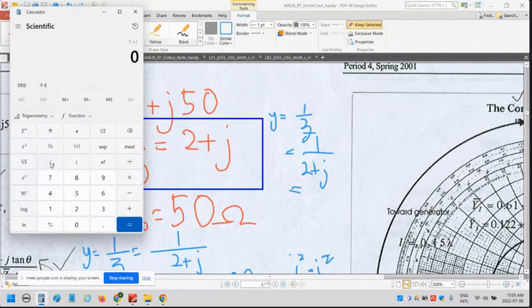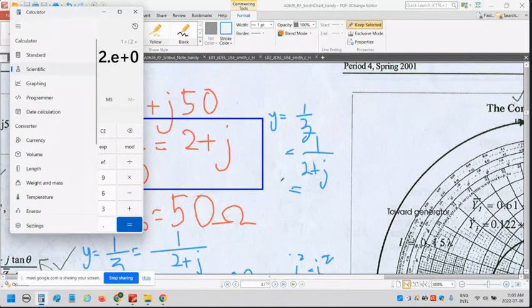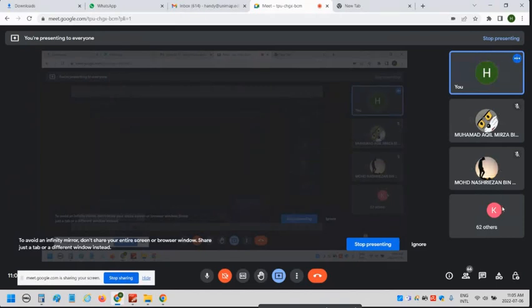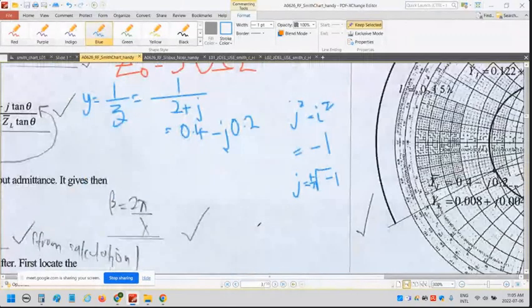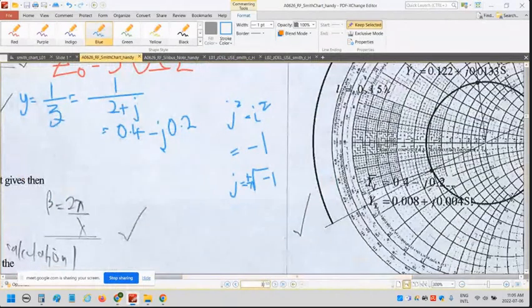Take out your calculator. Can anybody give me an answer? 0.4 minus 0.2i, right?